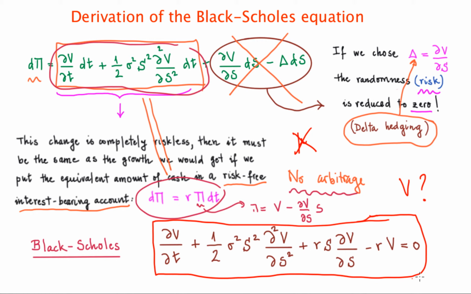Because this is a partial derivative equation. Of course, I didn't say, but this is a linear, second order partial derivative equation. If we analyze the values of the A, B, and C parameters that we define for the partial derivative equations, it will say parabolic equation.